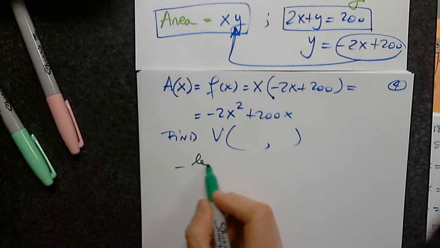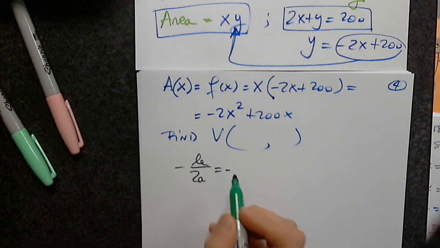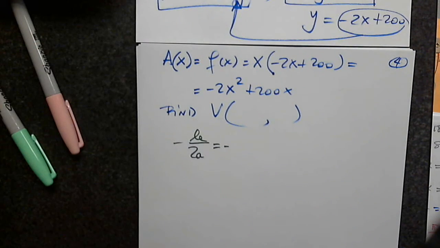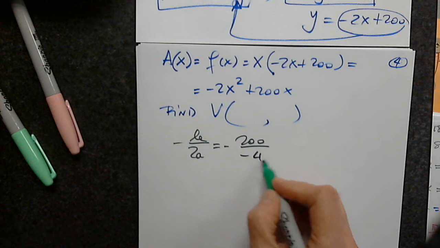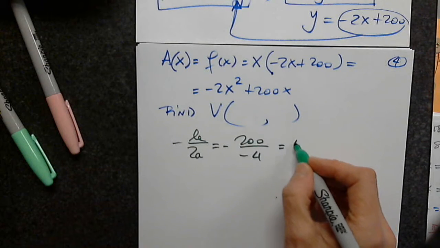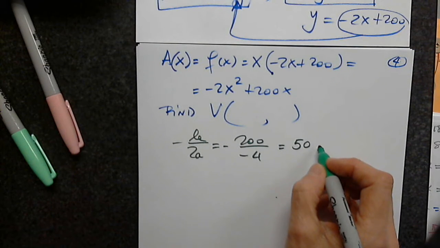Exactly. Negative b over 2 times a. Careful, negative. And the answer is 50 measurement units.